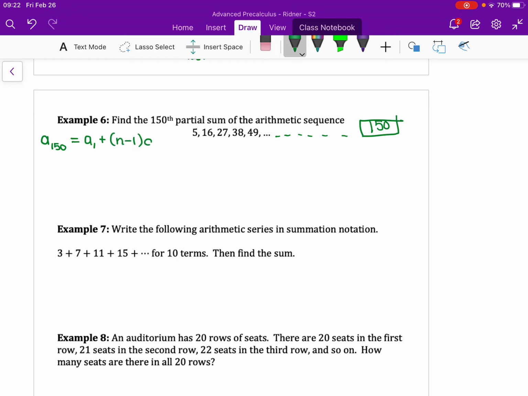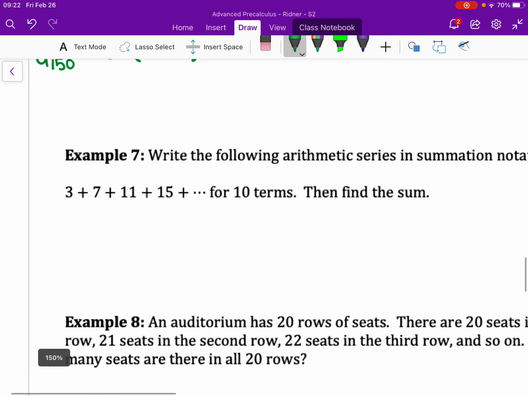I'll write it out first since it's not up there. So the first term is 5. I'm finding the 150th term, so that's what n is. And then the common difference here is 11.